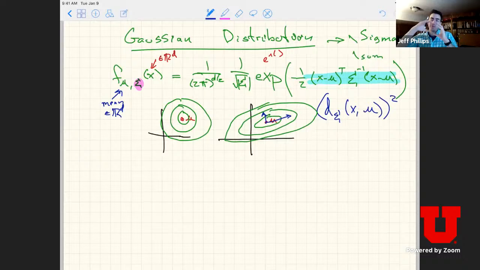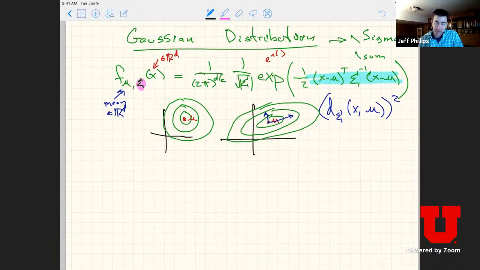So if our data is along some weird axis, we want to build that into a cluster. With the Gaussian tool, we can fit data which is not circular. If it's elliptical at a weird angle, we can describe that with this Gaussian distribution.